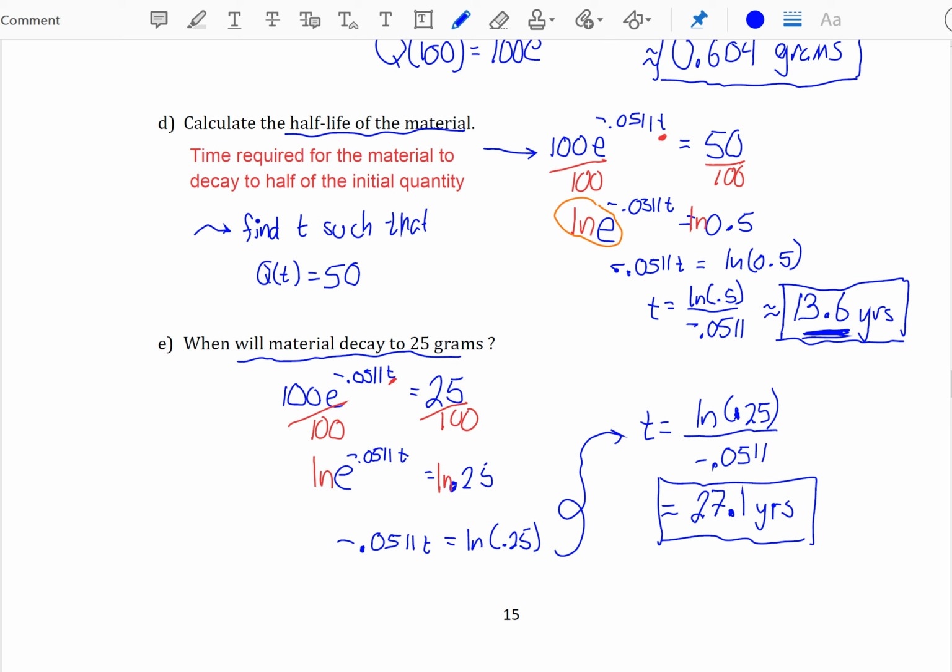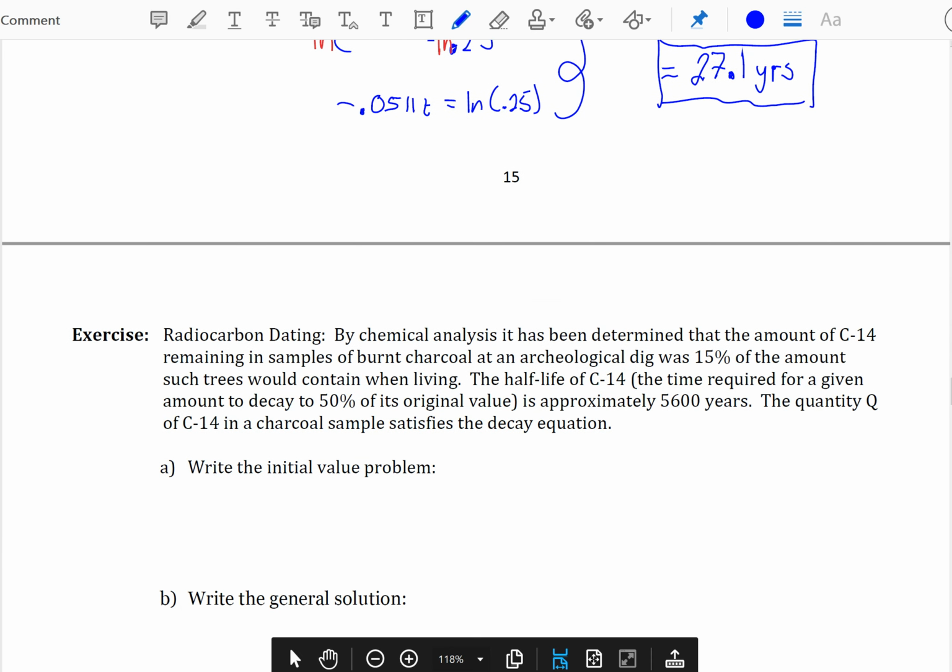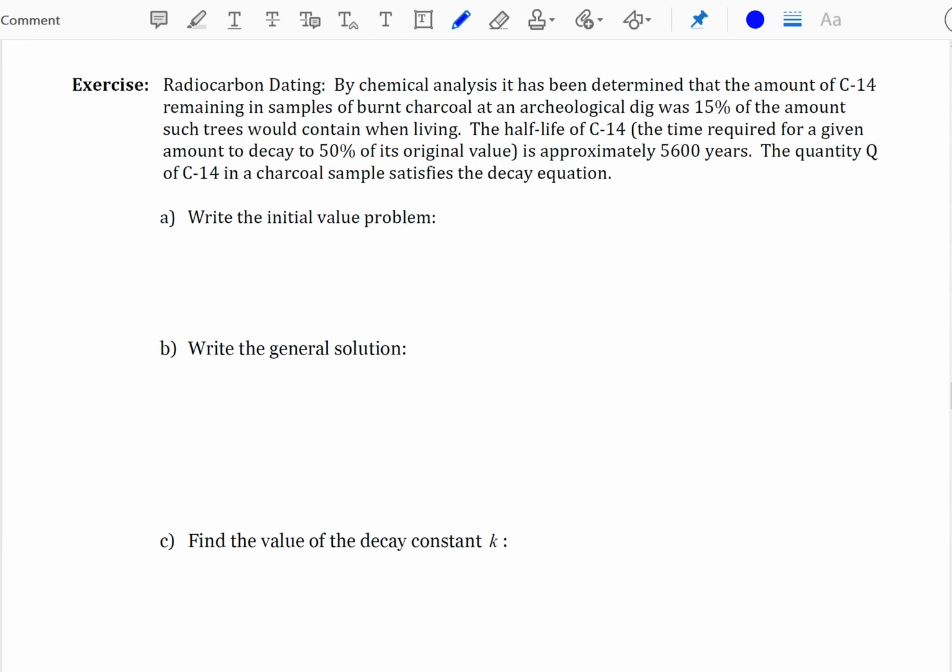Okay, let's try another problem. Radiocarbon dating. By chemical analysis, it has been determined that the amount of carbon-14 remaining in samples of burnt charcoal at an archaeological dig was 15% of the amount such trees would have contained when living.